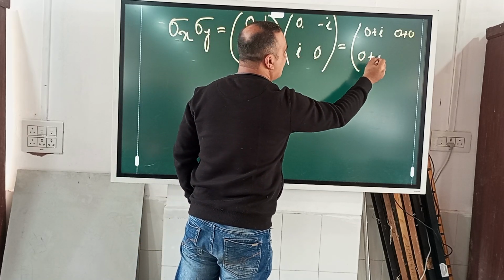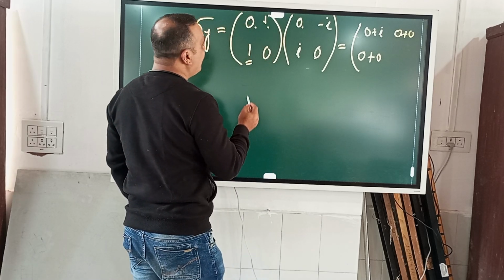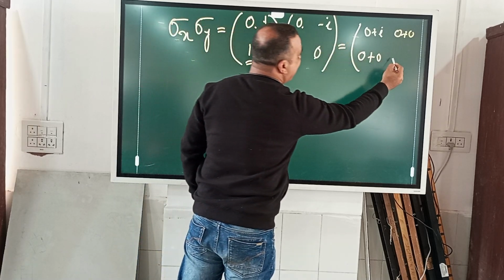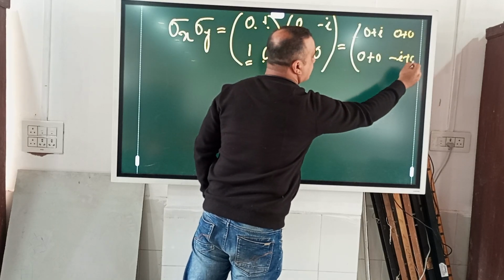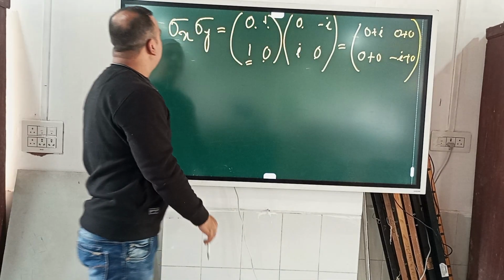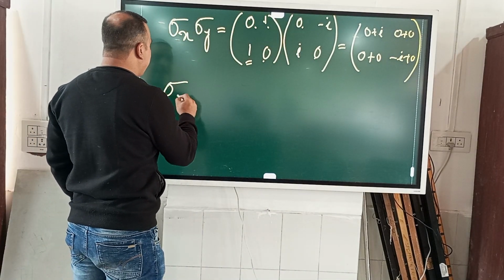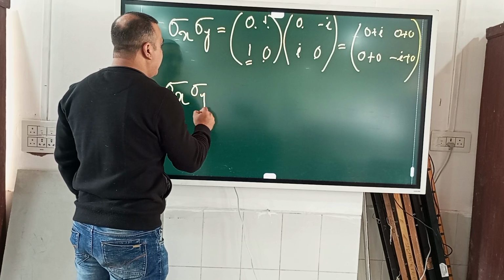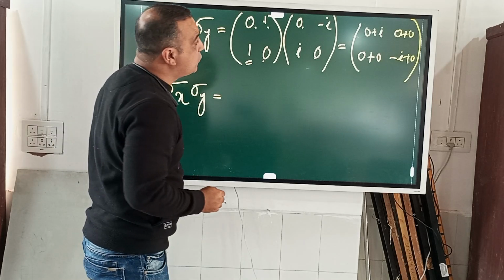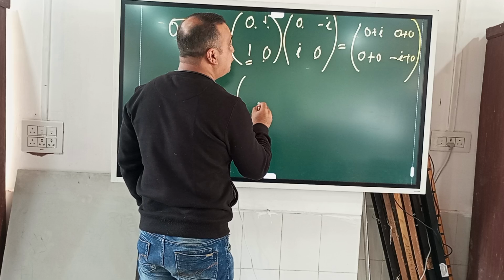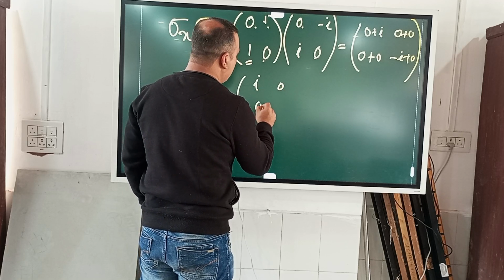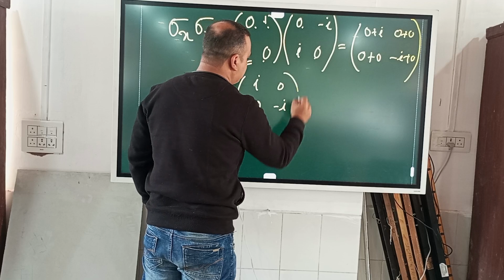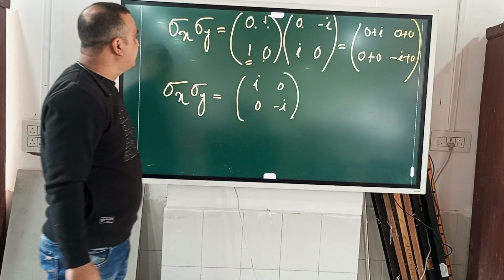So here I have 0 plus 0, and then finally this will give me minus i and plus 0. So sigma x sigma y is going to be equal to a 2 by 2 matrix i, 0, 0, and minus i. So this is the first result.